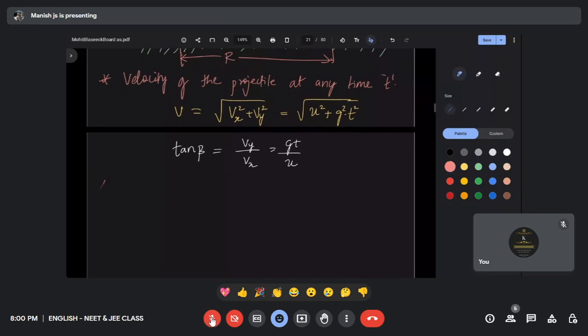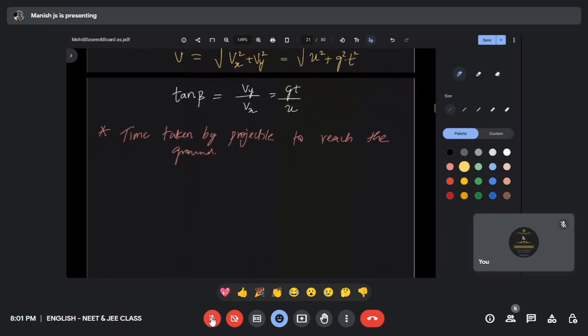So what will be the time taken by the projectile? In this case, you can also find out that. So time taken by projectile to reach the ground is given by the formula t is equal to under root of 2h upon g.